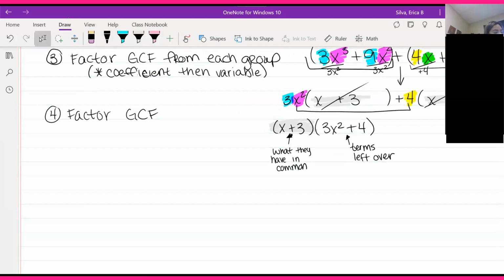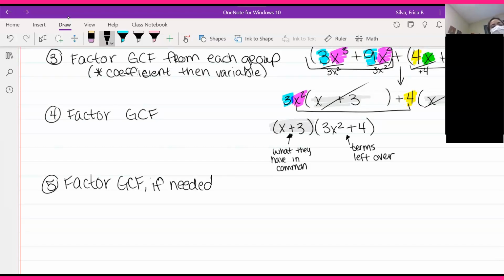And then the very last step, actually, I said it wasn't the last step, but the very last step is that we want to factor again if needed. Now, the reason I put it at the end to factor again is because sometimes we forget the very first step to factor. So if we forget to factor for the very first step, we can catch it on the last step. Any questions? All right, go to your Pear Deck.